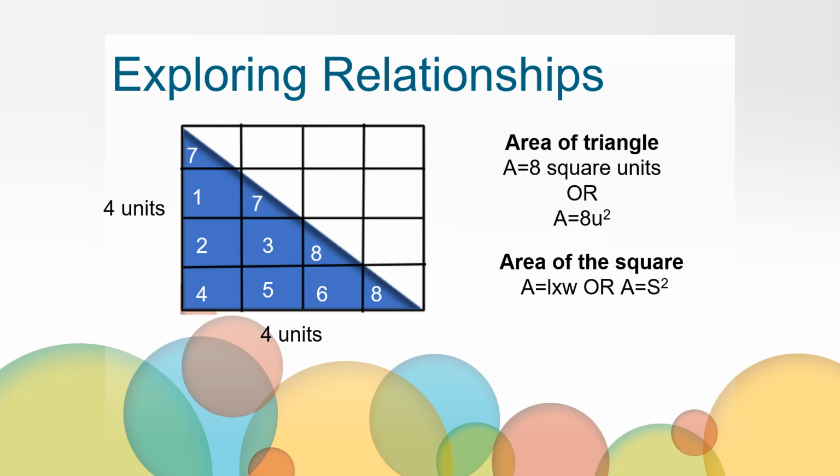I could also say the square has a side length of S, so I could use the formula area equals side squared to find the area is 16 units squared. What do you notice about the area of the triangle and the area of the square? The area of the triangle is half of the area of the square.